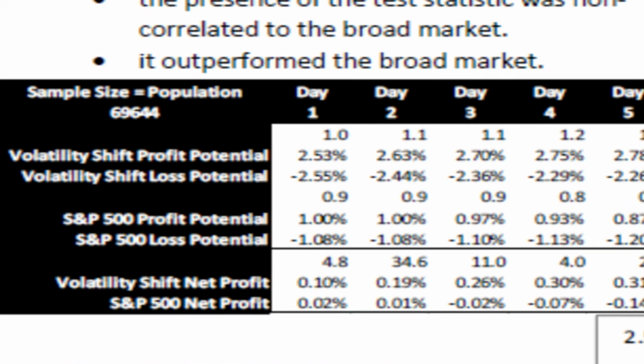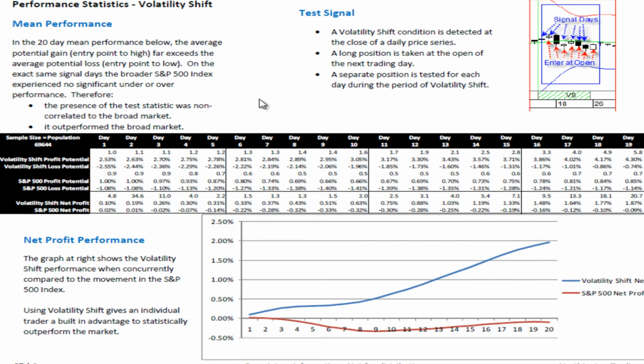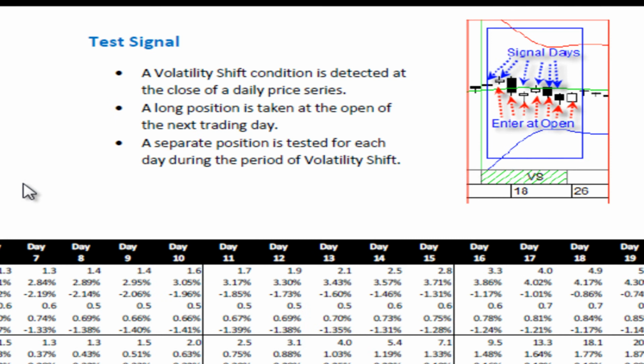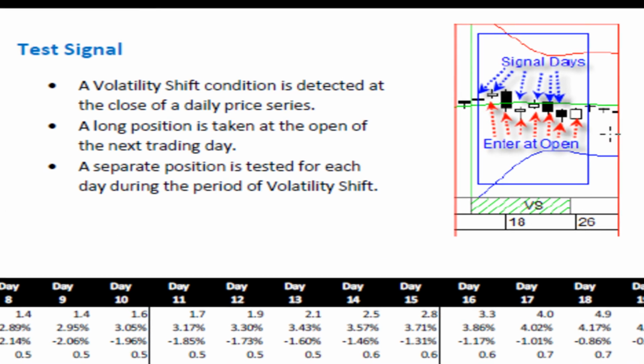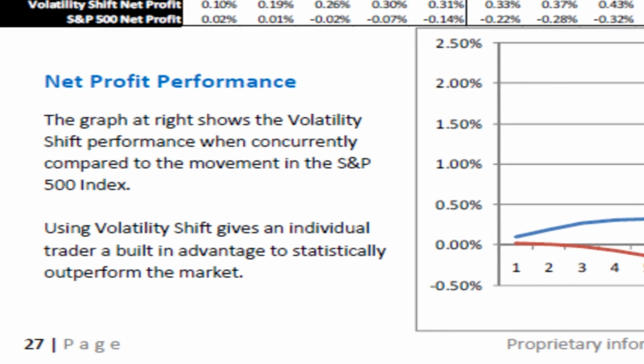We isolated the volatility shift condition on a day in combination with no other signals or conditions. This resulted in a test of 69,644 days that the condition was present in the S&P 500 stock constituents. A test was done from each day, and each day a duplicate position was taken in the S&P 500 index.